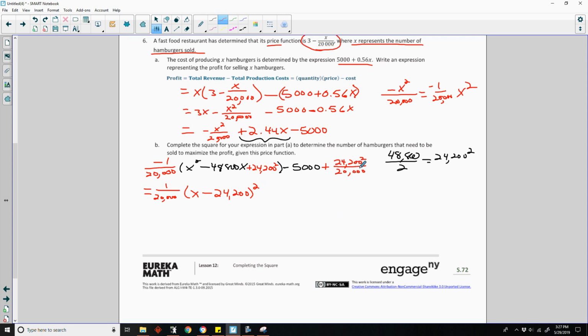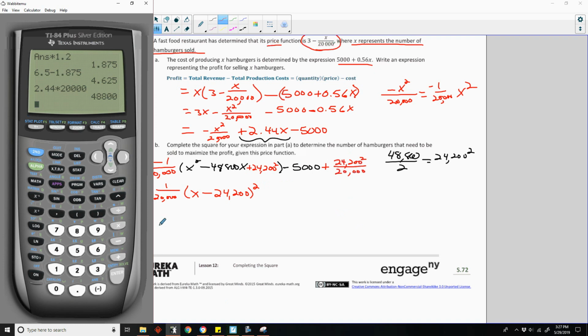And then I just have to calculate 5,000 minus this, so I'll use my calculator for that. So it's 5,000 minus 24,200 squared divided by 20,000. And I get negative 24,282. Is that right?